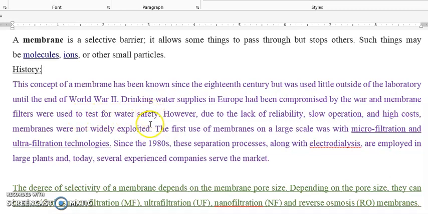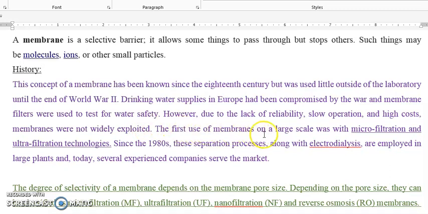That was the first time it was used for public purpose, mainly for supplying good drinking water to the public. However, due to lack of reliability, slow operation and high cost, these membranes were not widely used.